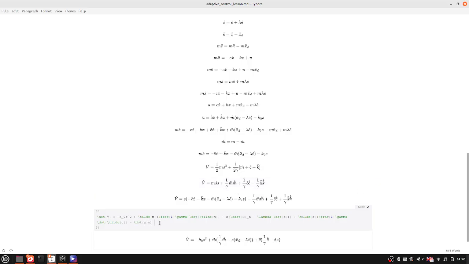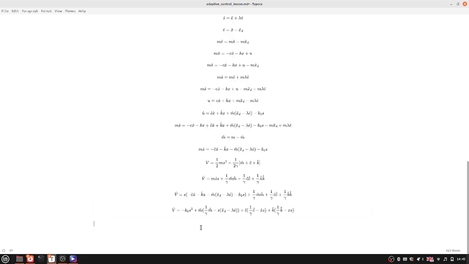Like that. And finally, K tilde, same deal, 1 over gamma times K tilde dot, and the negative is just X S, because it's just X multiplied by S. So now we're in the stage where we can design our adaptive laws.